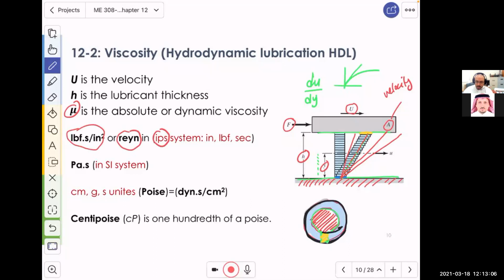And in SI units, it is Pascal second. And in the centimeter gram second unit, it is called poise. And if you say centipoise, it is 1/100th of a poise. Okay? I think you will learn how to deal with these units.